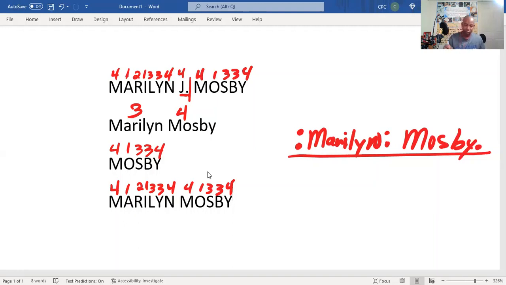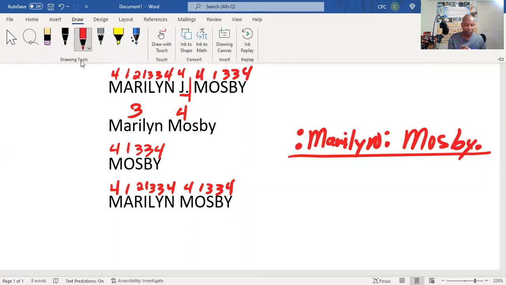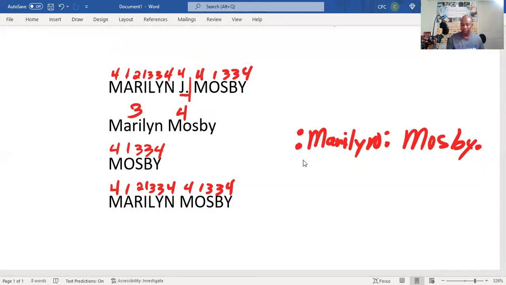That is how you would write her name. Actually, we don't even need this. We need this line. It's okay to keep it there, but we would have to define what that line is before we use it. So I'll just leave it like that.